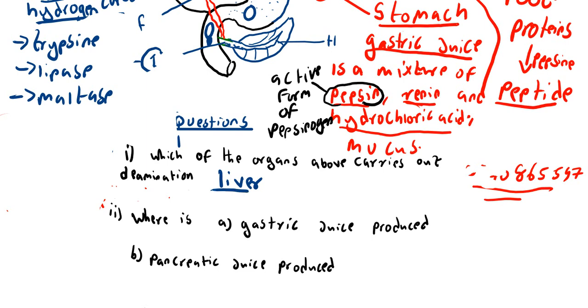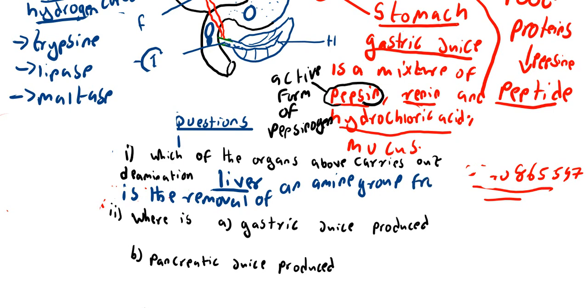So deamination is the removal of an amine group from an amino acid.